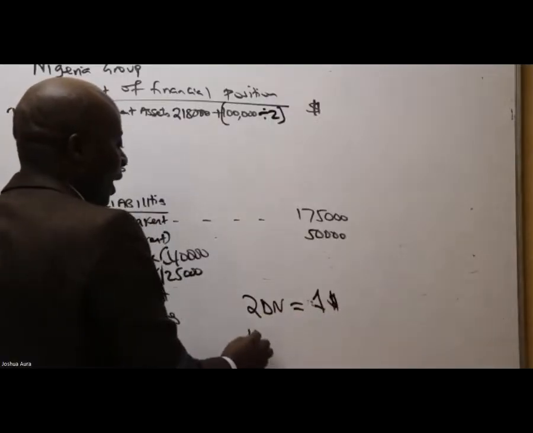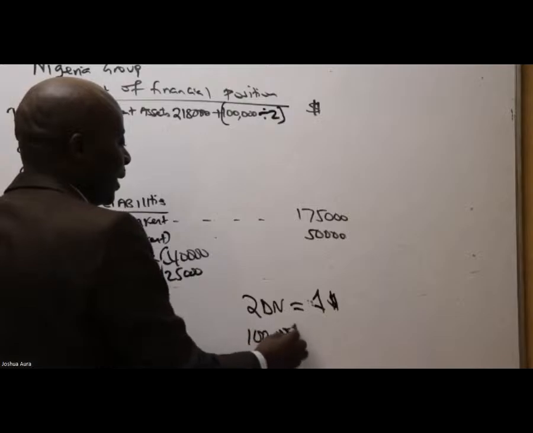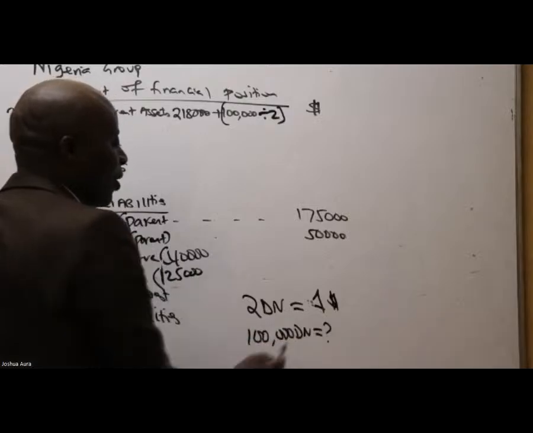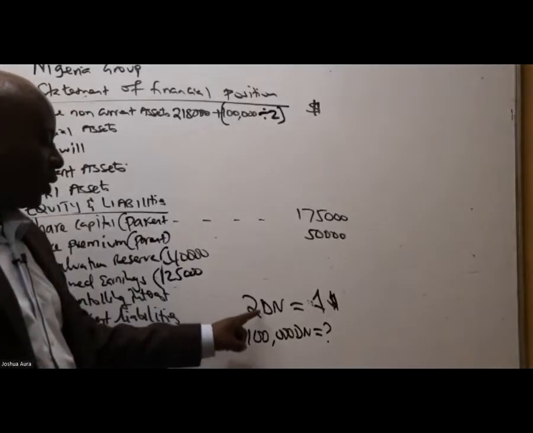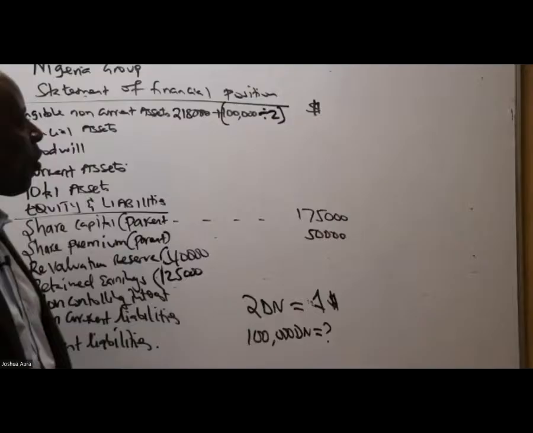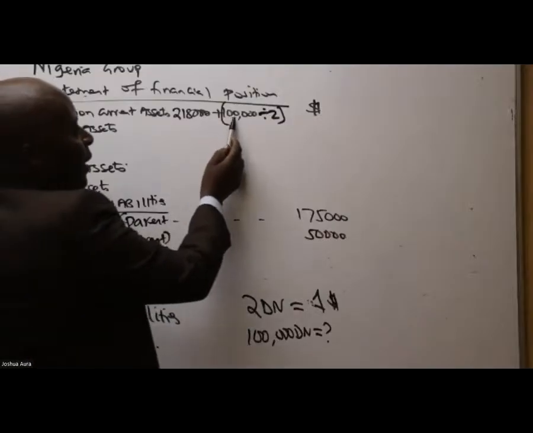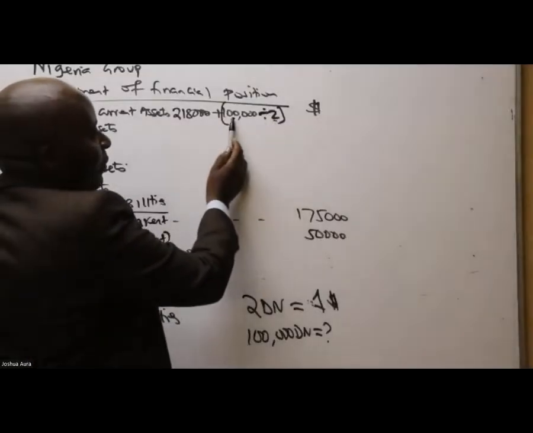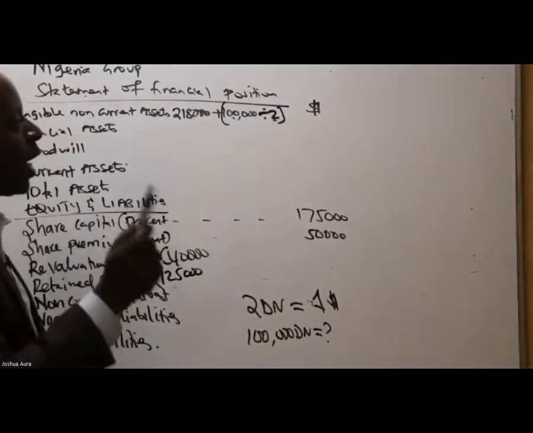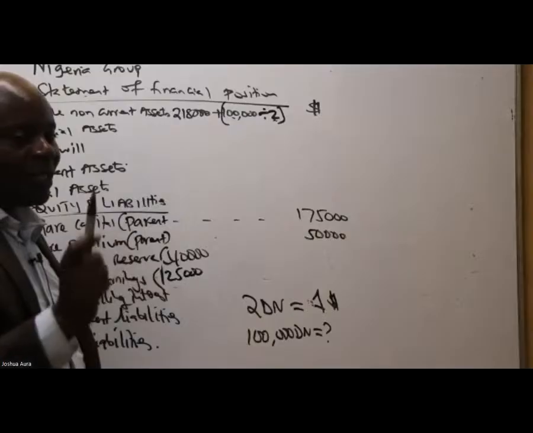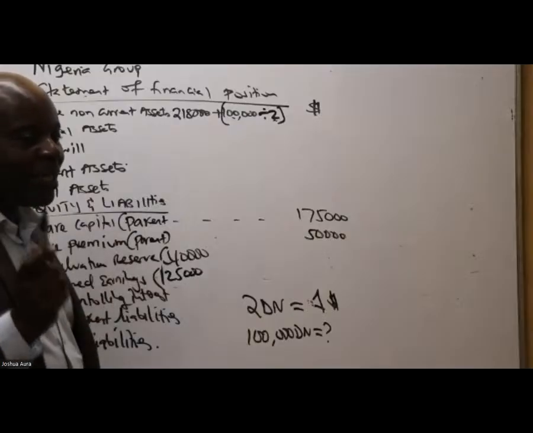How about 100,000 DNs? If you cross multiply, at the end of the day, you'll realize we're supposed to be dividing. After all, these are DNs and these are DNs, and there is no way you can multiply DN with DN. You'll end up getting DN squared. No way. You can never.